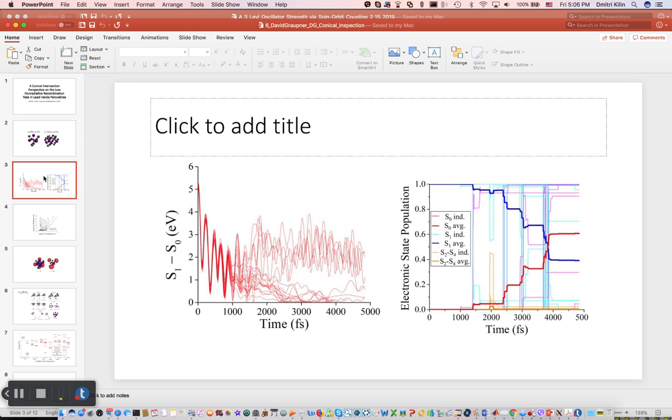This is 20 calculations, the trajectories of runs. Around 1200 femtoseconds they start splitting. Some of them start going to zero, some of them are around 2.5.